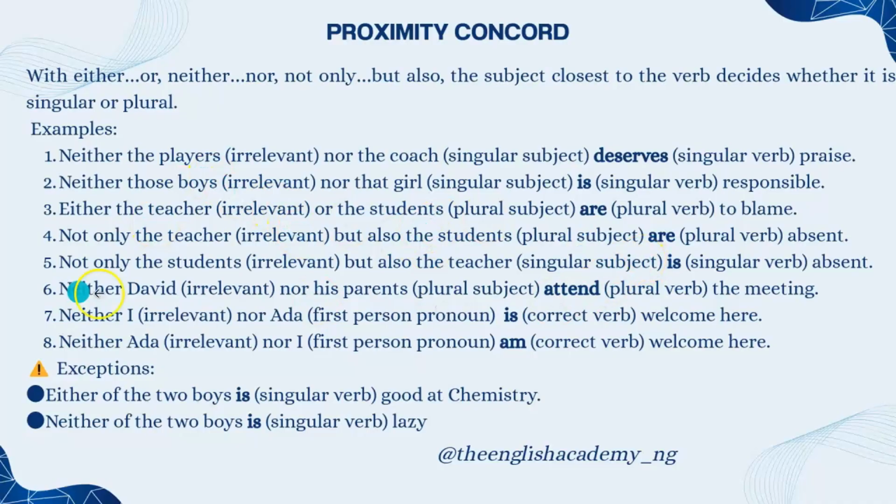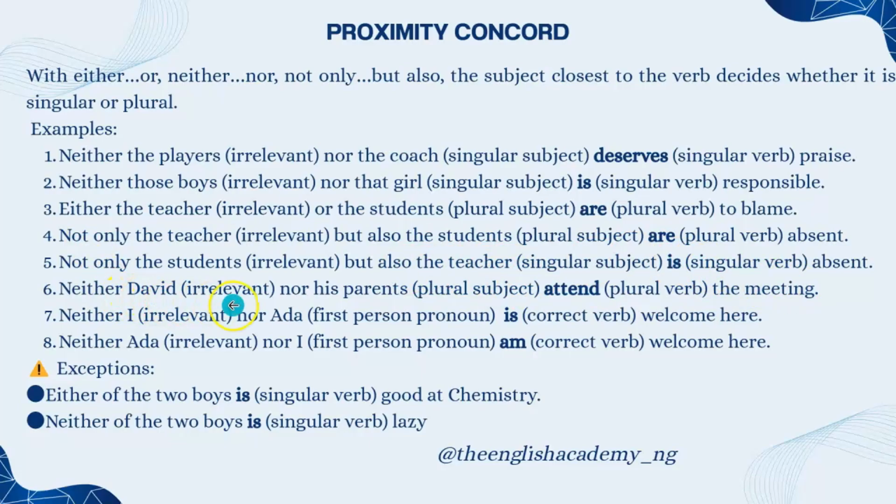You can see it's simple. Not only the teacher, this is irrelevant, but also the students are absent. So it is the students, which is the plural subject, that will determine our verb. Not only the students, you can see it has been swapped, but also the teacher, singular subject, is absent.